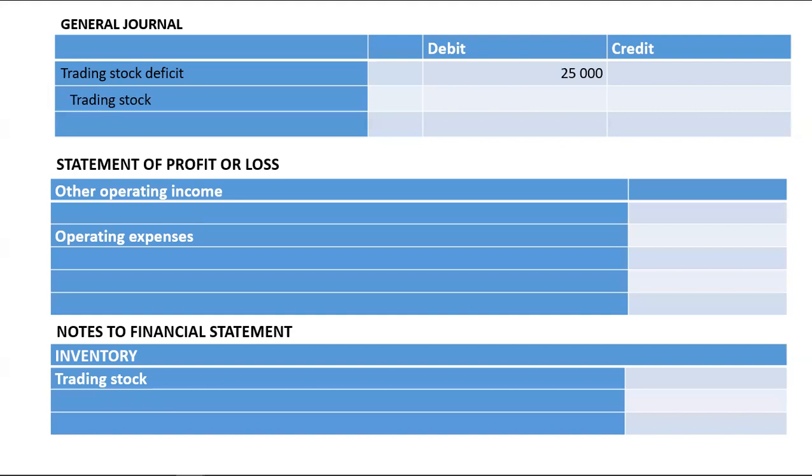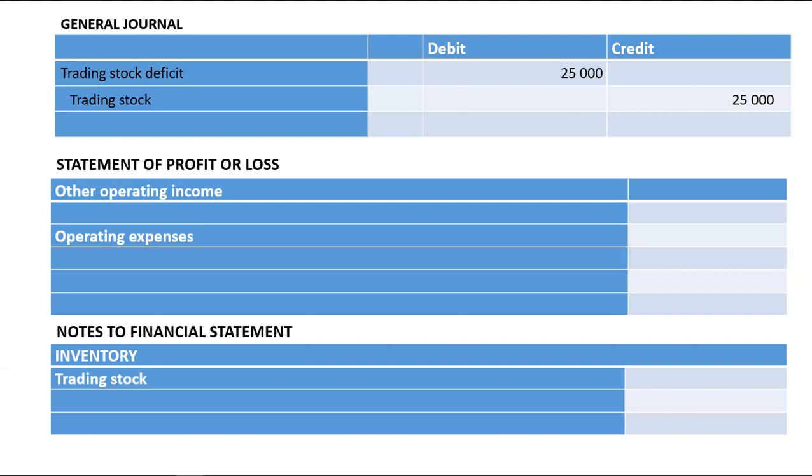We are crediting this trading stock because, remember, this is us recording what we have discovered. Already what we have in our books is incorrect. We've got stock measured at 800,000 and that is incorrect. So that 800,000 needs to come down to 775,000.